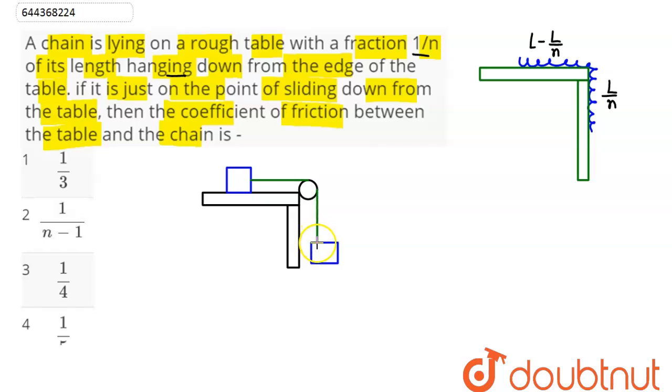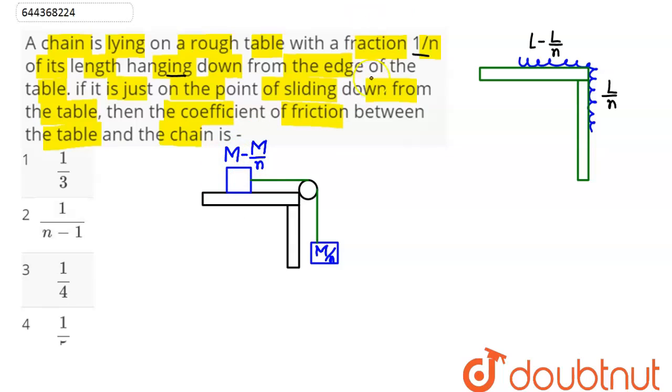The total mass of this chain is suppose m. So 1 upon n part is hanging downward, which implies that m upon n will be the mass hanging downward, and the remaining mass, m minus m upon n, will be on the table.